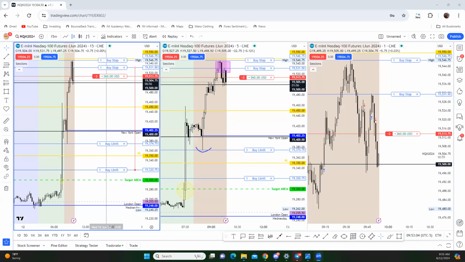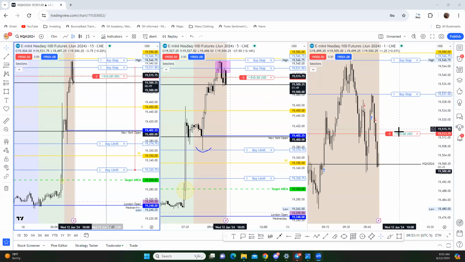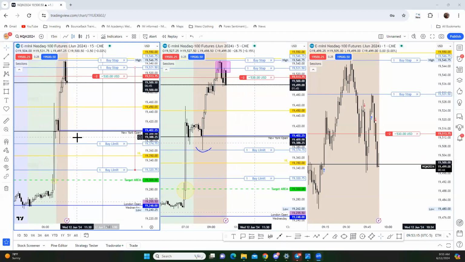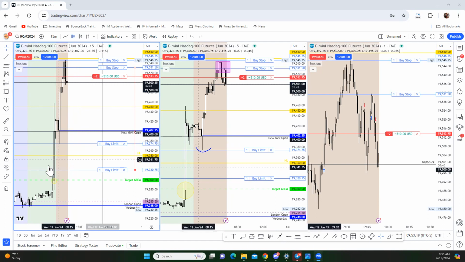Okay, so we're in good position. I think if price can play in our favor and go close below 19,450, I'll cover this position, some of the lowest part of it for sure. I like the 15-minute location. I like the 5-minute location. So I think we may end up getting a little something out of this.